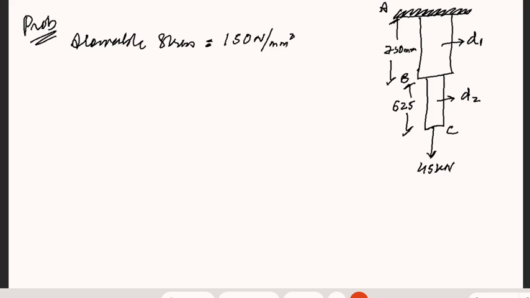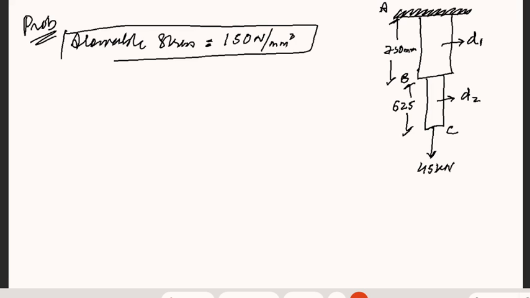Now that I know the allowable stress is 150, I know the length of both the cylindrical rods, and I know the total load that will come at point C. I want to know what should be the diameter D1 to cater this load within allowable stress, and what should be D2.